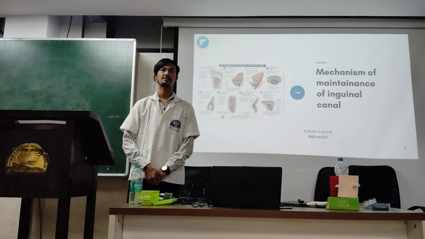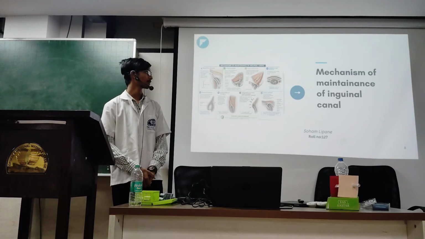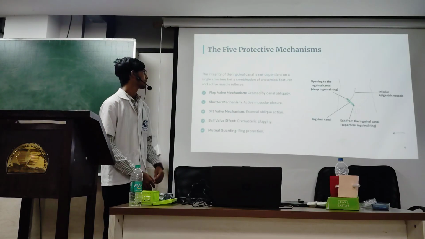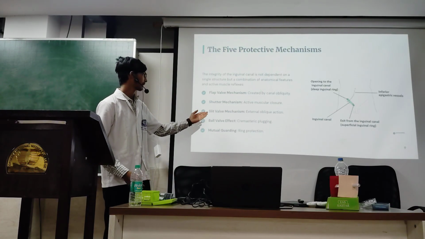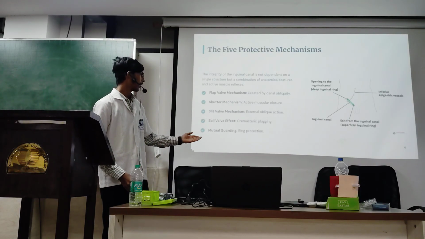Good morning, everyone. Myself Soham Lipani, roll number 127. My topic is mechanisms of maintenance of the inguinal canal. Basically there are 5 protective mechanisms: flap valve mechanism, shutter mechanism, slit valve mechanism, ball valve effect and mutual guarding.